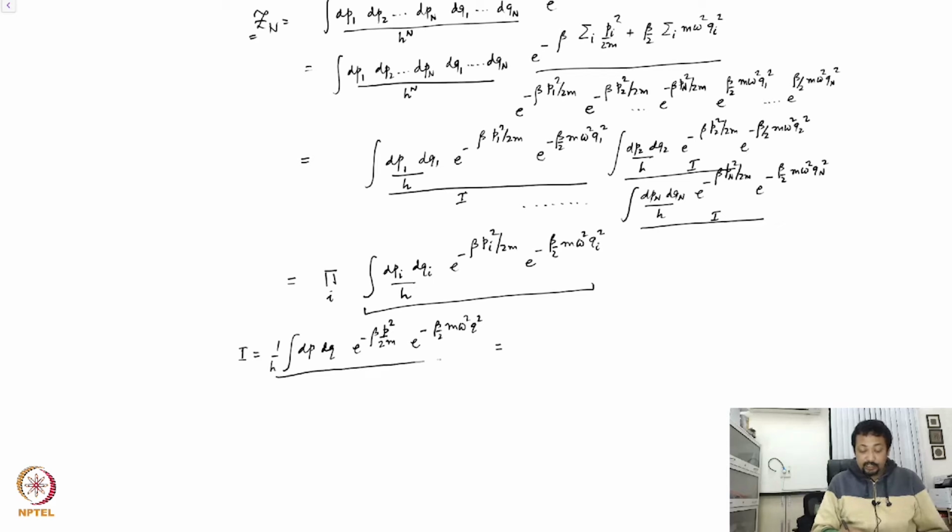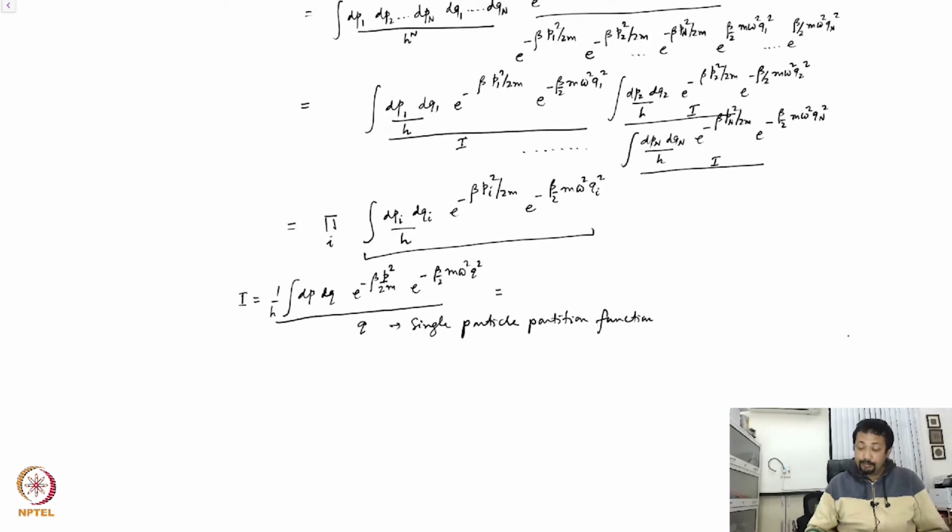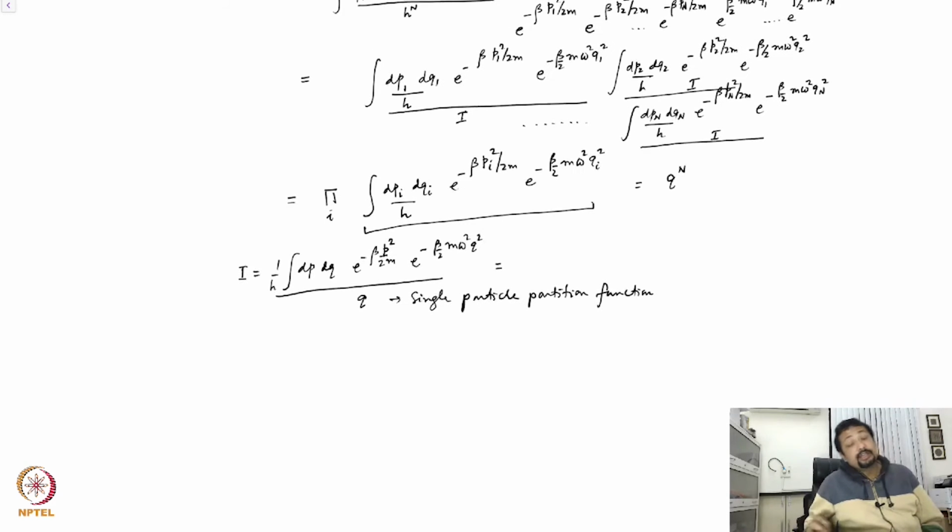And if you see, this is nothing but the single particle partition function q. So this is the single particle partition function, and the n particle partition function would be q to the power n. Here again I do not have an n factorial. Why? Because essentially I can distinguish the particles by their mean position.